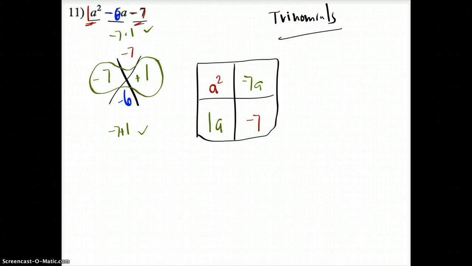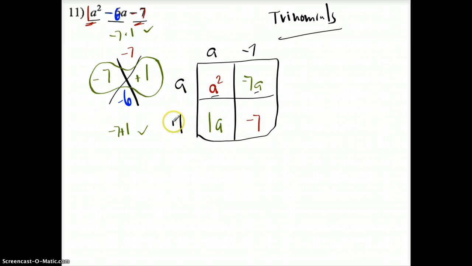Okay, and then we'll find our GCF. These two both share a negative 7. These two both share an a. And these two both have nothing, so we'll give it a 1.